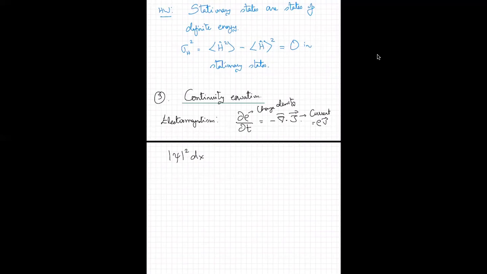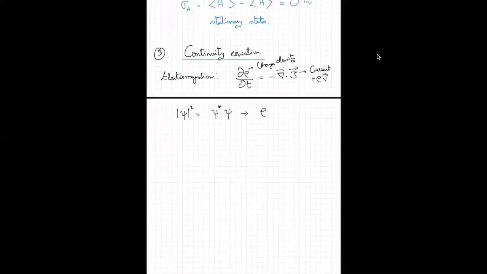So if I want the probability to be conserved, then I have to set up a corresponding equation for the probability change. So in other words, if I look at the quantity mod psi squared, which is psi star psi, I can interpret this as some kind of rho in quantum mechanics.